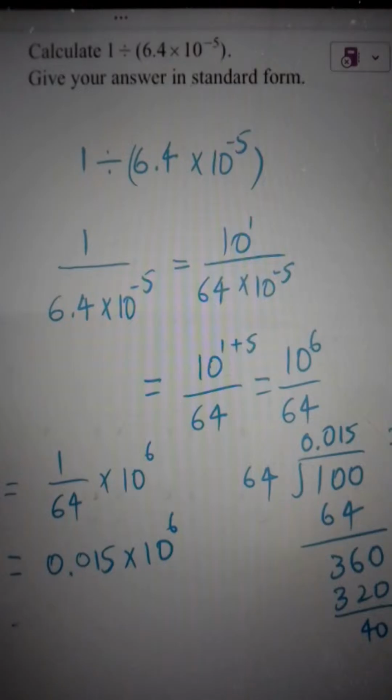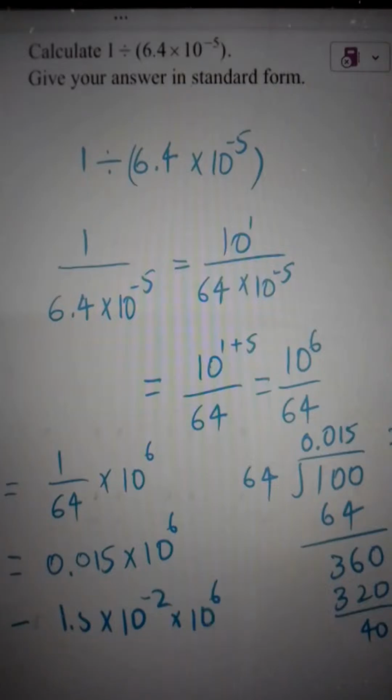Now we want to write it in standard form. It can be written as 1.5 multiplied by 10 raised to power minus 2, multiplied by 10 raised to power 6.